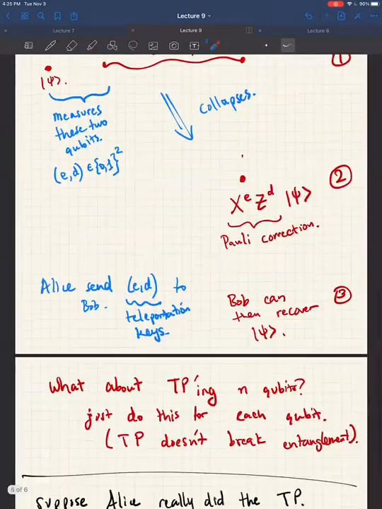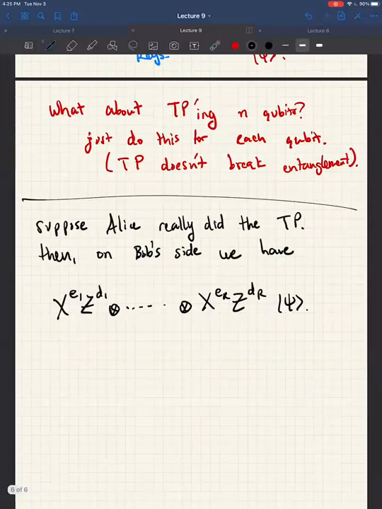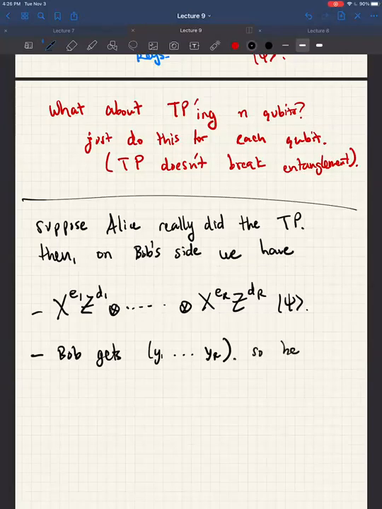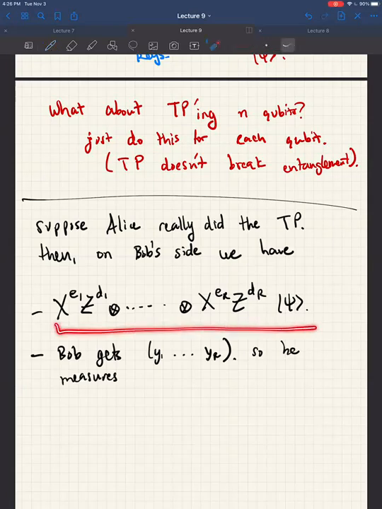So this is what he gets on this side. And then after it's collapsed to this, Bob gets the magic square questions, y1 up to yr, which tell him how to measure. So he measures this slightly messed up quantum state using the basis measurement.